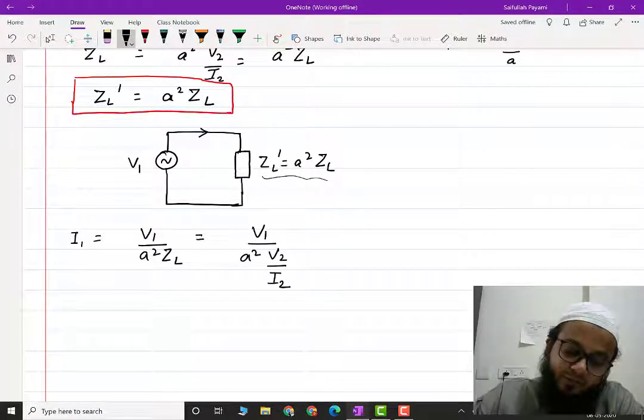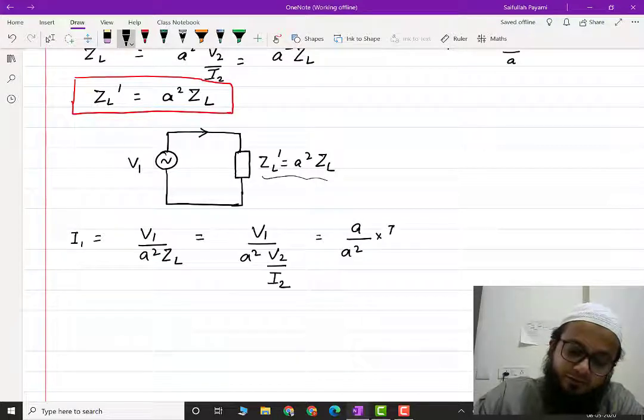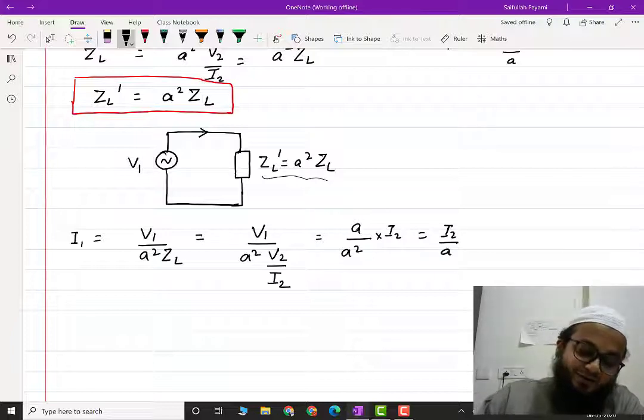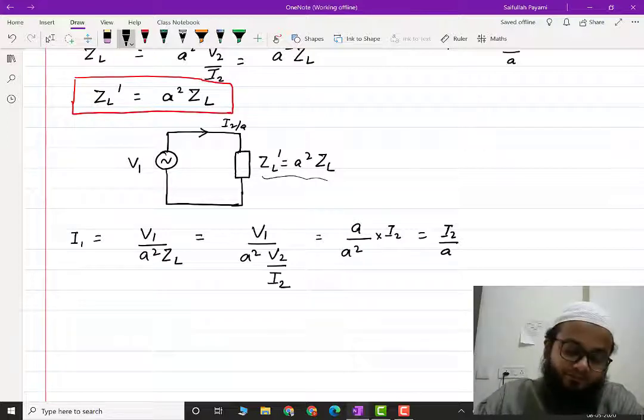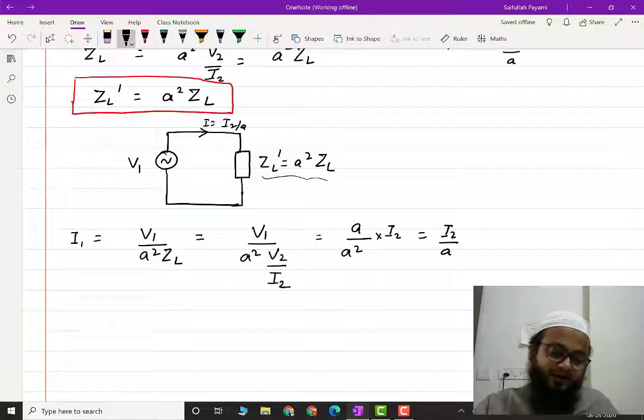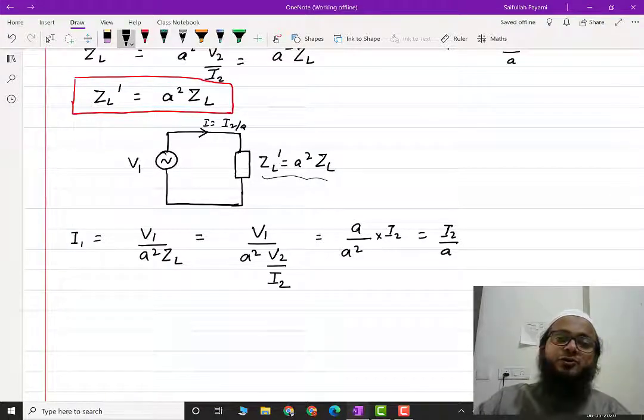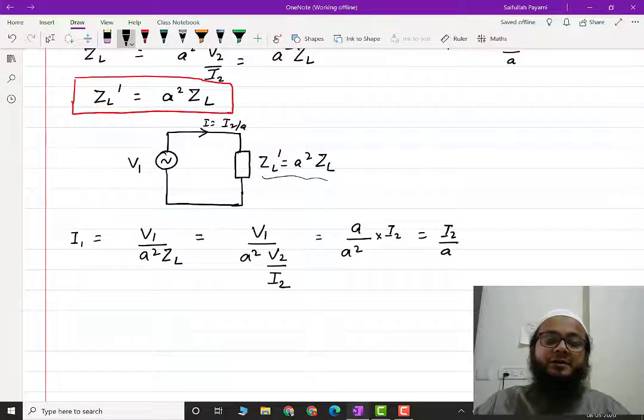So V1 by V2 is A, upon A square into I2, which gives I2 by A. So I1 would be I2 by A, which shows that if you transfer the current from the secondary side toward the primary side, it comes out to be I2 by A. This is just to cross verify that our impedances are correct.